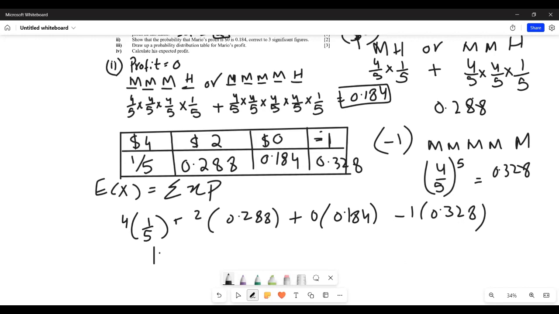That gives 1.05. Next, we're going to do question 14.